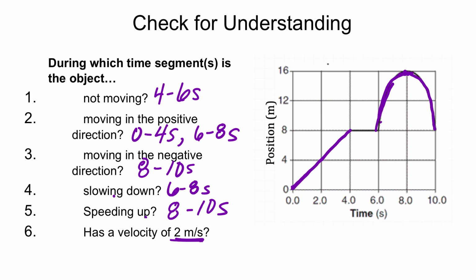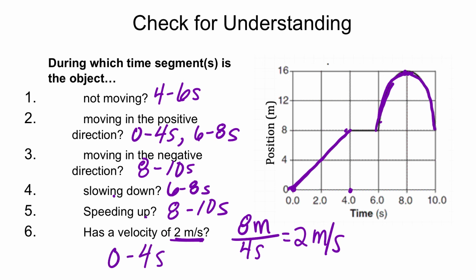So we're just going to check the slope of this real quick. We know our rise here goes from 0 up to 8 meters, so our rise is 8 meters. Our run goes from 0 to 4 seconds, so our run is 4 seconds. And dividing 8 by 4 gives us an answer of 2 meters per second. So that checks out. When it has a velocity of 2 would be from 0 to 4 seconds, and I'm not trying to do any kind of trick questions here.